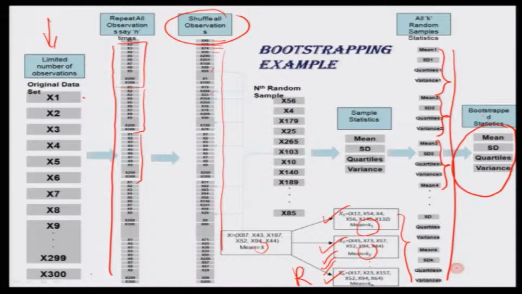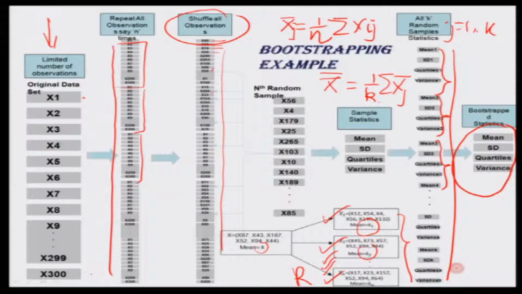So, if I am talking about the mean, very simply the mean would be, if I pick up n observations, it will be this, and if I repeat it k number of times, so this is say for example j equal to 1 till k, so what you will have is that this x bar you will calculate the average, and this average would be averaged out more in k number of observations.